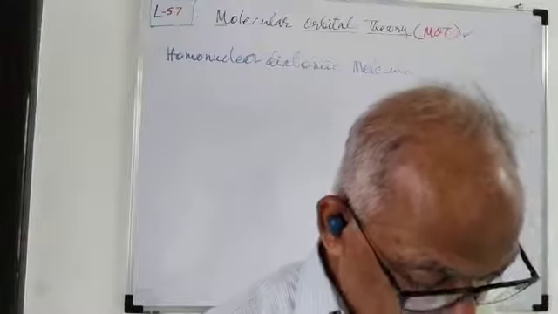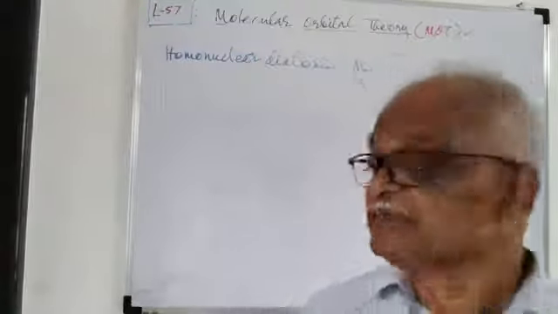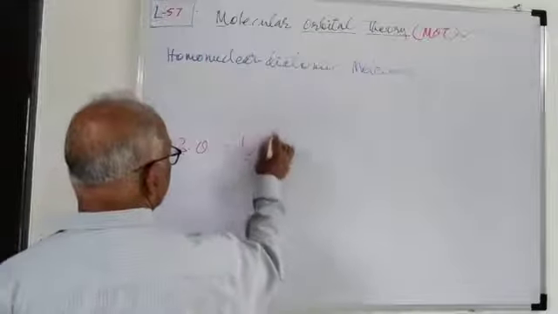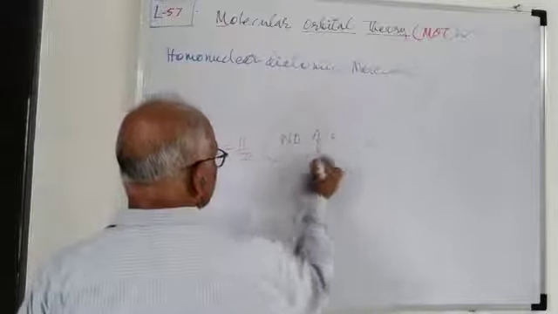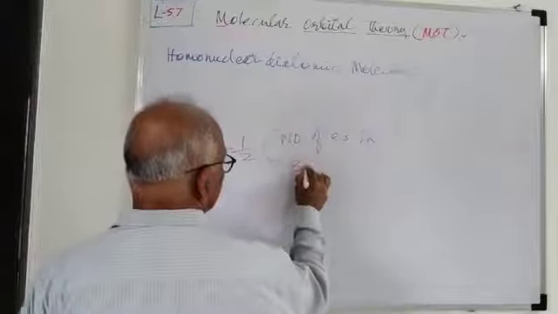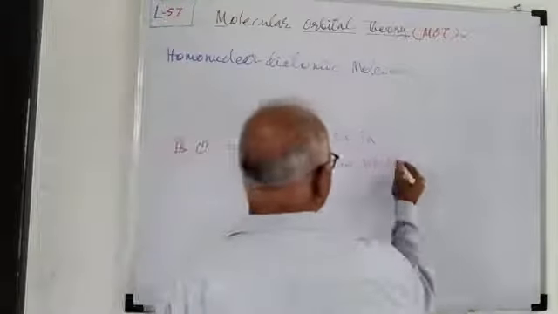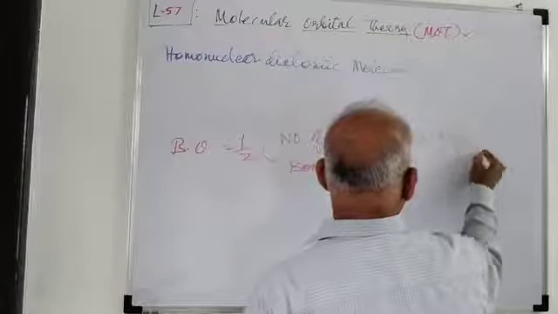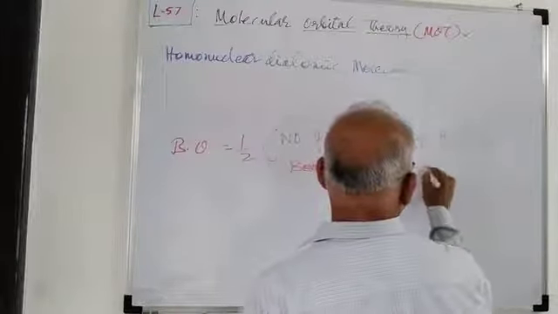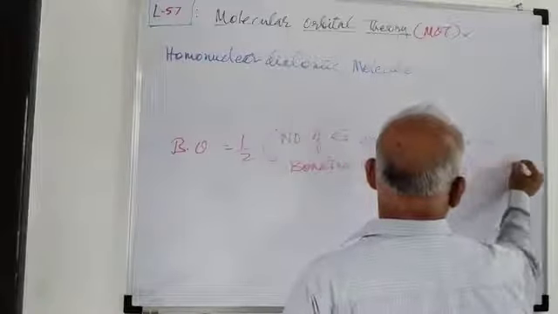Then we have to see that bond order is another concept. Bond order is given by 1/2 of the number of electrons in bonding MO, bonding molecular orbital, minus the number of electrons in anti-bonding MO.